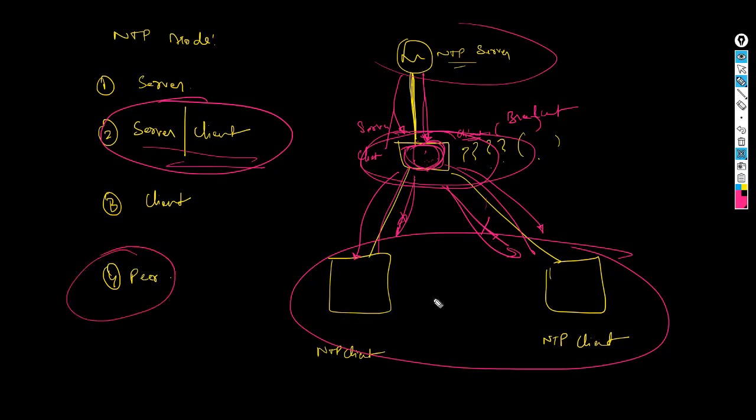Let's say one goes down. If one goes down, you can still configure the peer relation so that you have the other one still acting as up. I'll show you what the commands for this are. It's very simple commands. Let me write some points here, what each one is going to do.